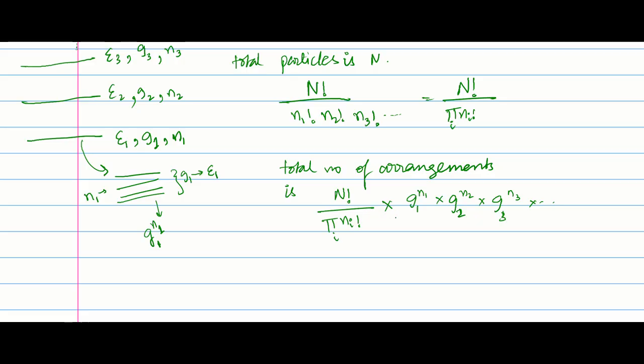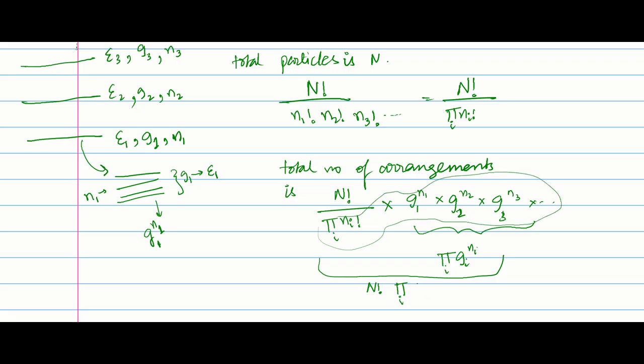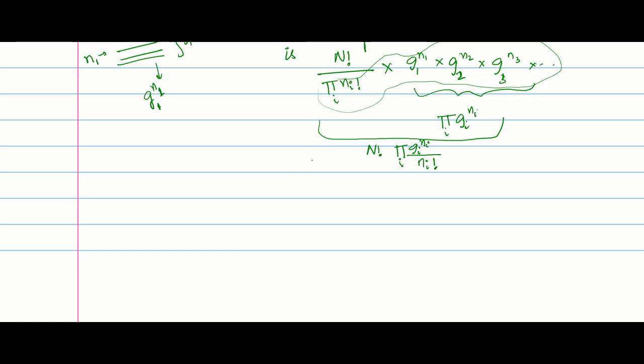So we can write this part as the product of gi power ni. Overall we write this as N factorial times the product of gi power ni by ni factorial. So this is the number of ways we can arrange these particles according to MB statistics.